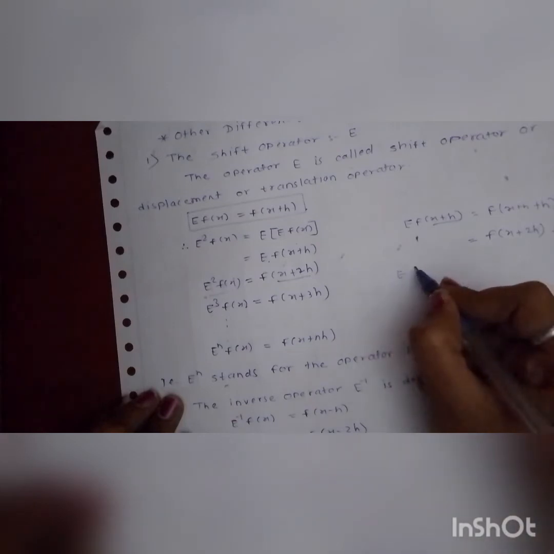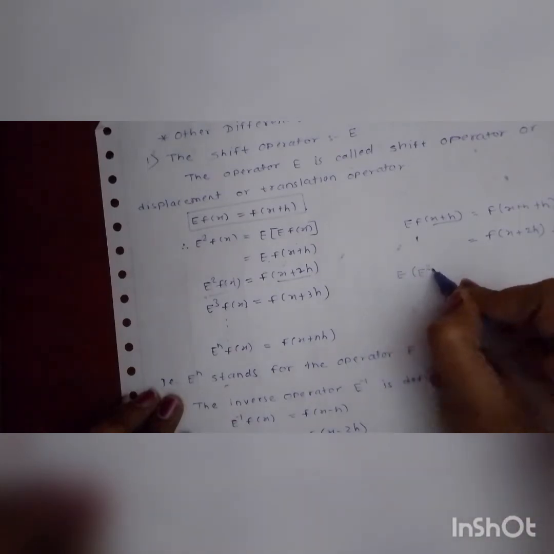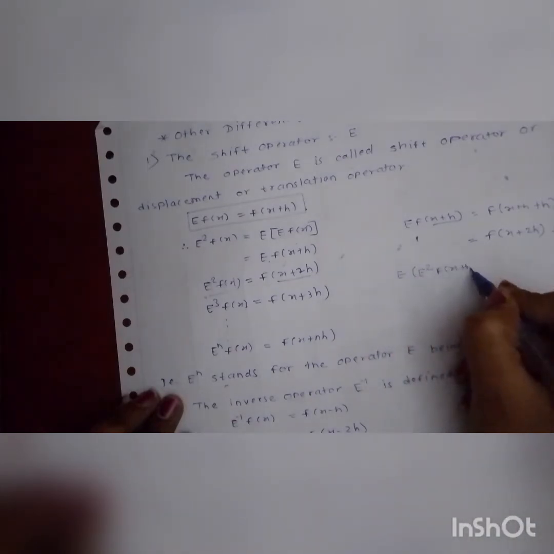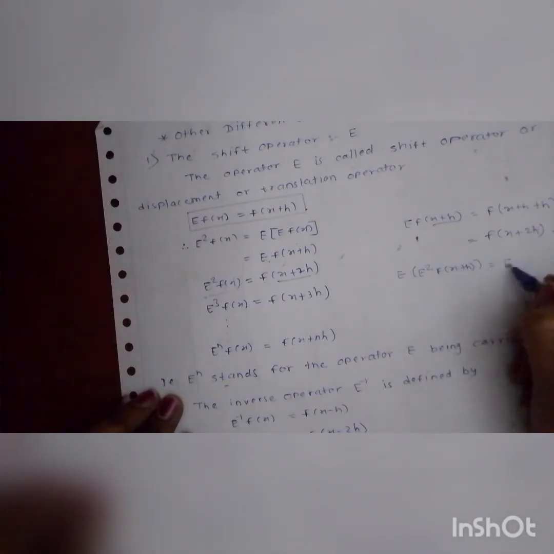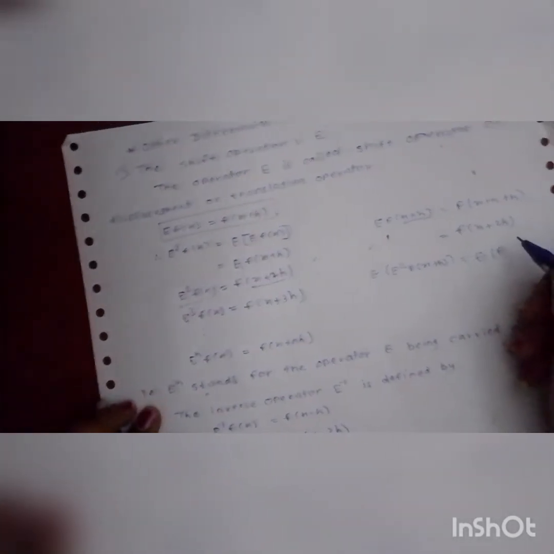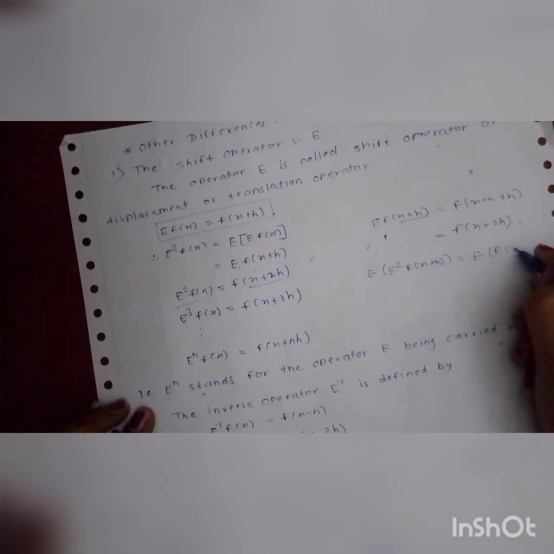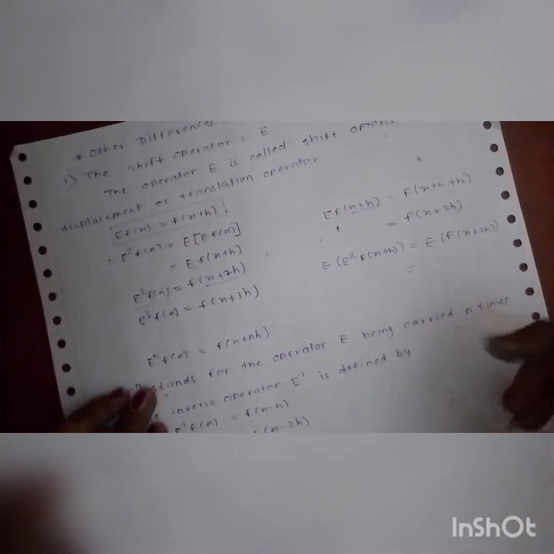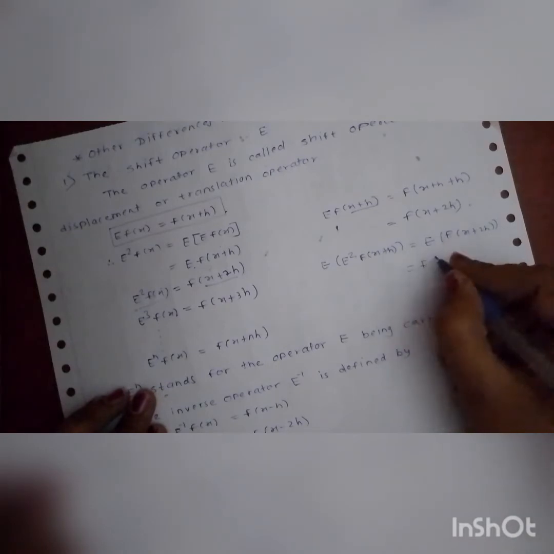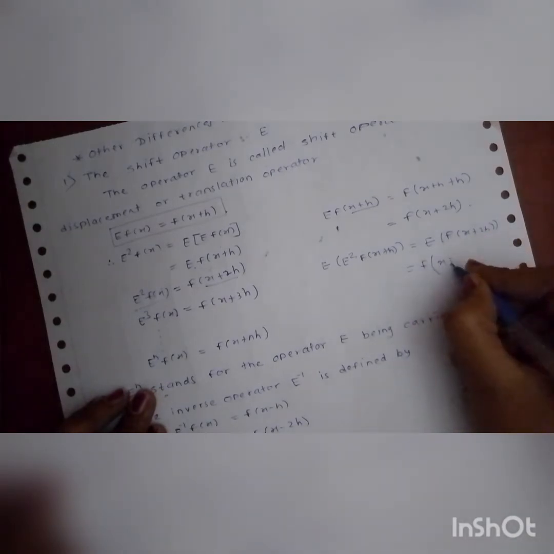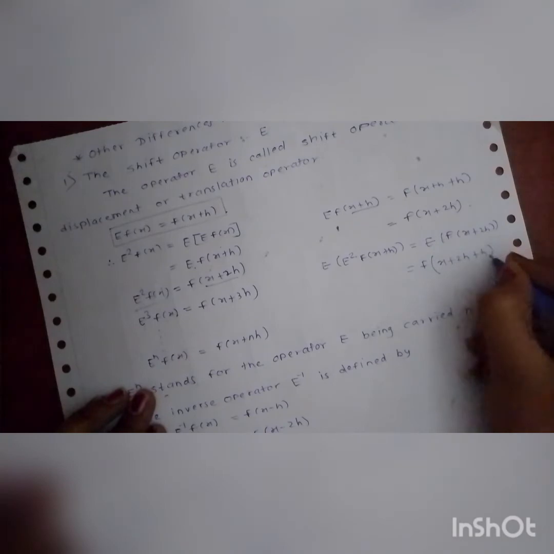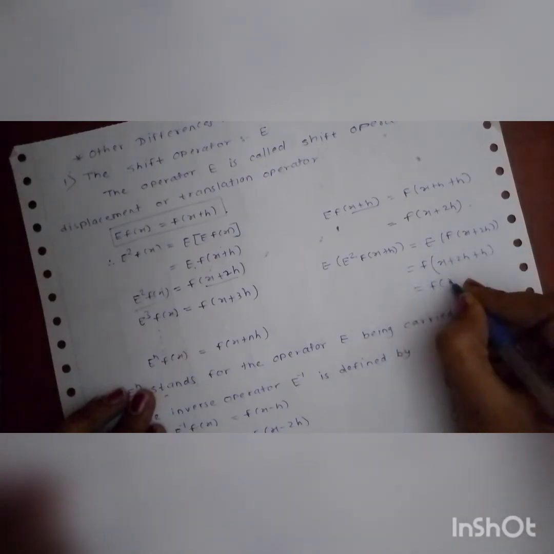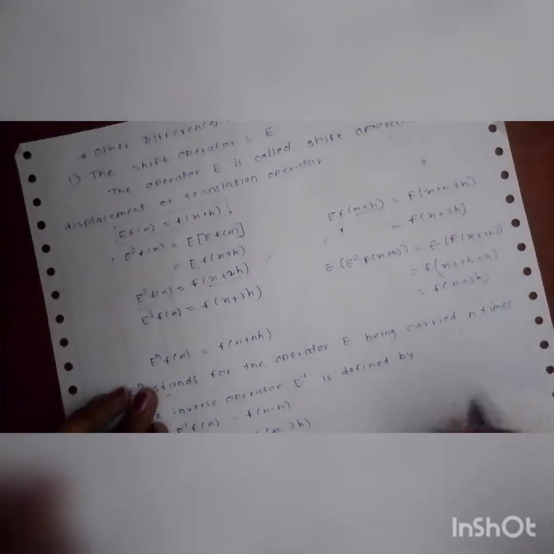That is E of E square f of x, which is E of f of x plus 2h. Applying E here, we get f of x plus 2h plus h, that is f of x plus 3h.